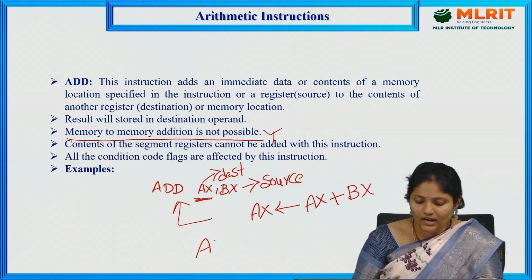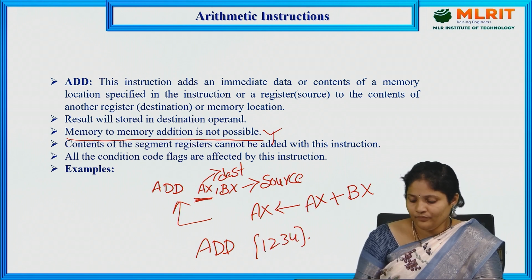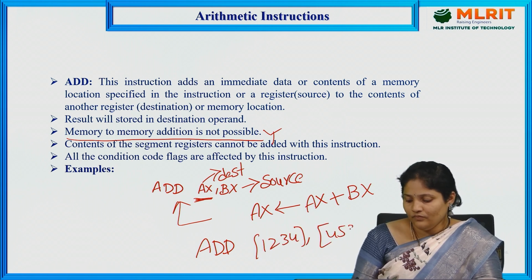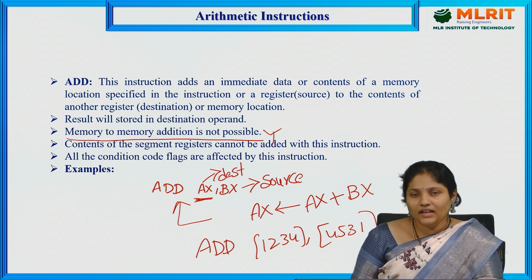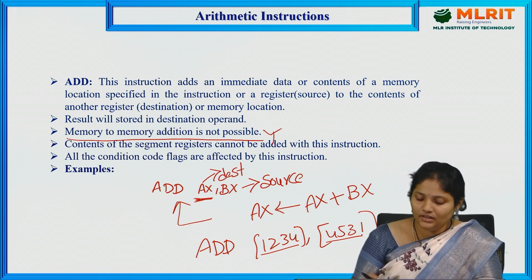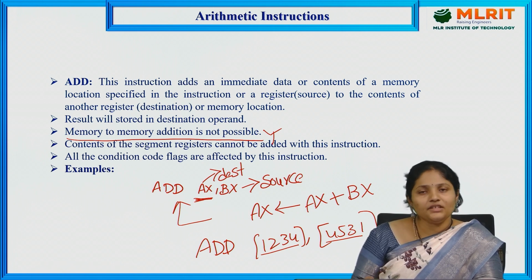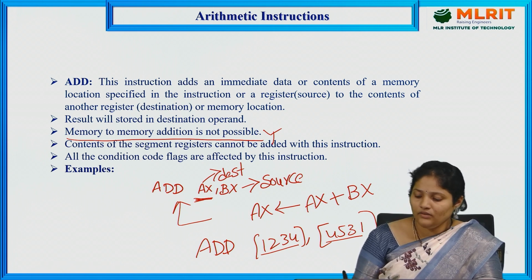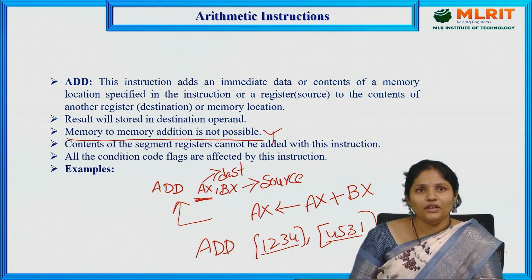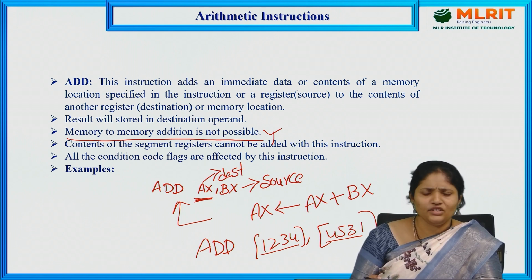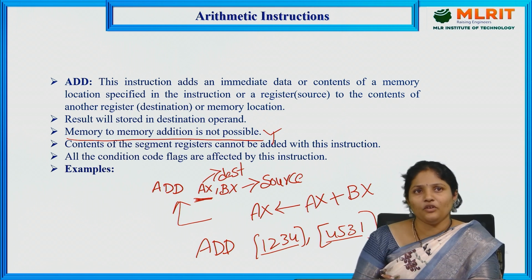If 1234 is the address of a memory location and the second address is 4531, the values in these two memory addresses cannot be added directly. It will give an illegal operand error, because there is no such instruction to perform memory to memory operations.